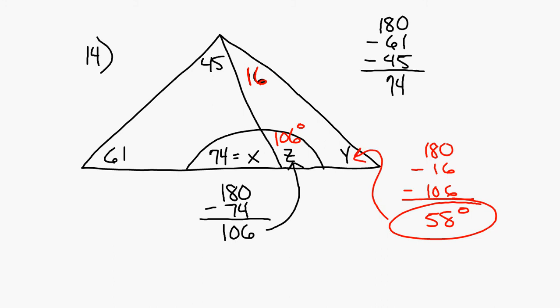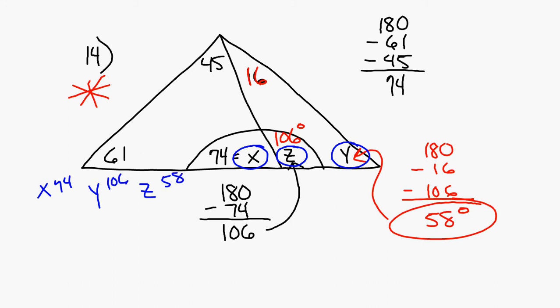And I'll tell you right now, you're going to want to put an asterisk by this problem, because look at the order of these letters. Do you see how it goes X, Z, Y? It doesn't go alphabetical, does it? But on the answer sheet, one of your answer choices is going to go X, Y, Z. A bunch of people get this problem wrong every year because one of the answer choices for X, Y, Z is 74, 106, 58.